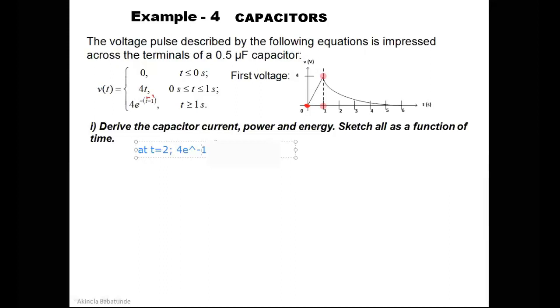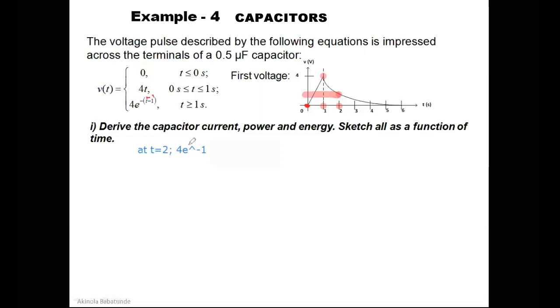If you punch your calculator to find 4 e to the power of minus 1, you will get approximately 1.472. So at the value of t equal to 2, if you trace it to this end, you should have 1.47 here.